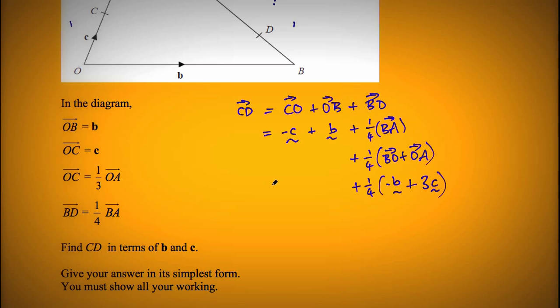So putting that all together, CD equals minus C plus B plus a quarter of minus B plus a quarter of 3C.